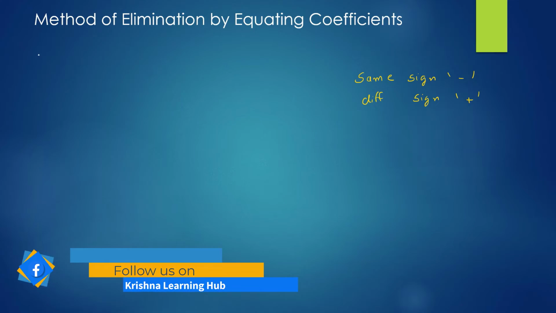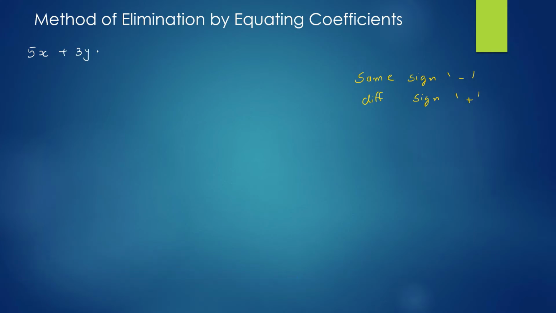Now, if I take equation 1 as 5x plus 3y is equal to 9, and 2x minus 3y is equal to 12 as equation number 2.